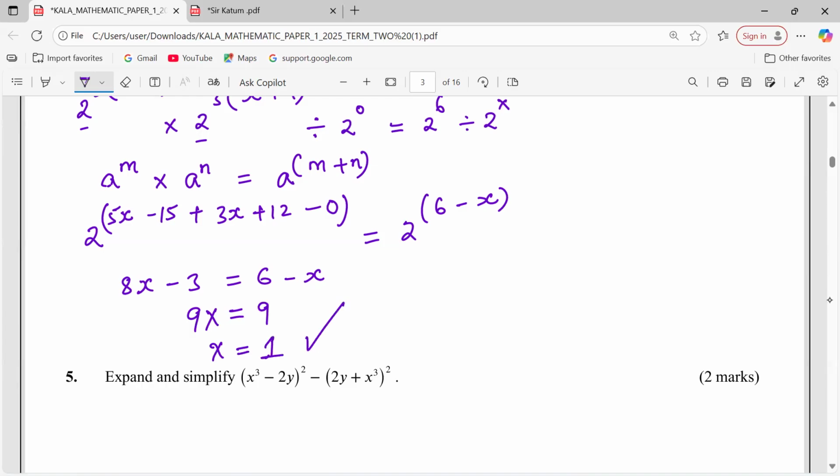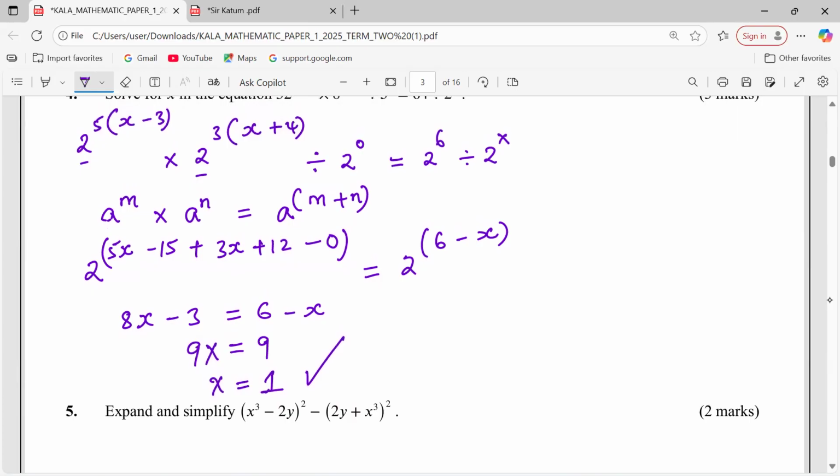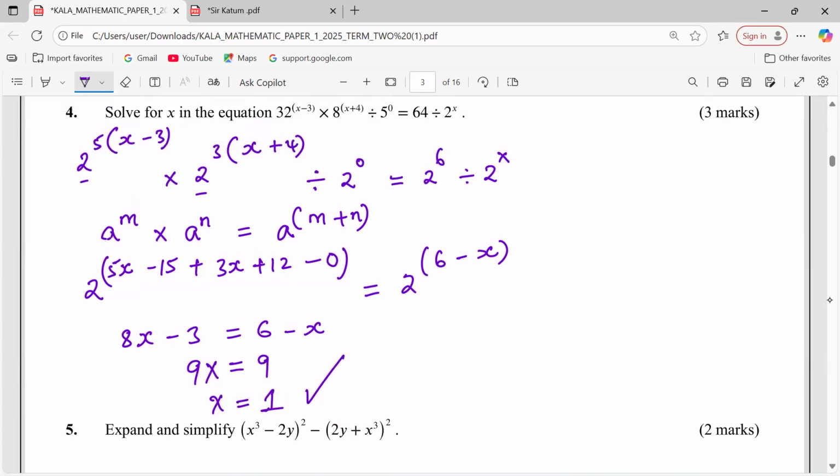So the value of x is 1. Look at that application of the laws of indices.